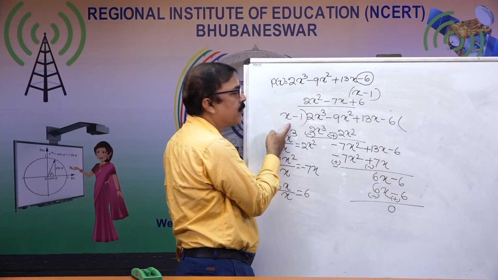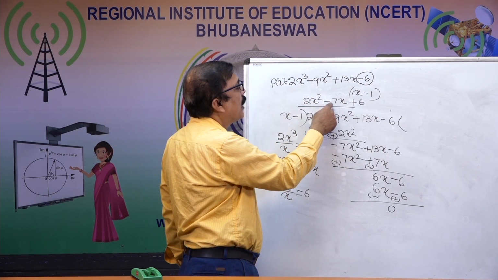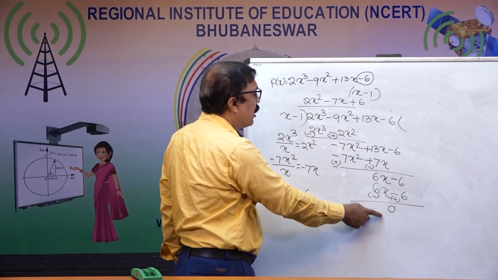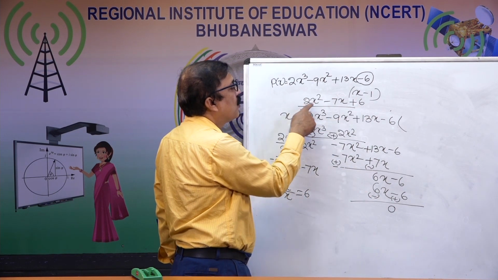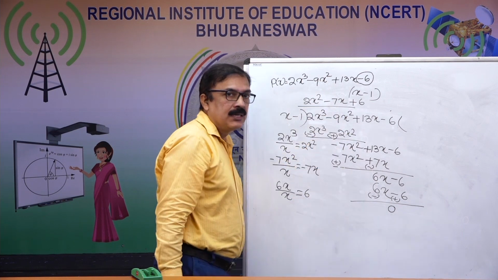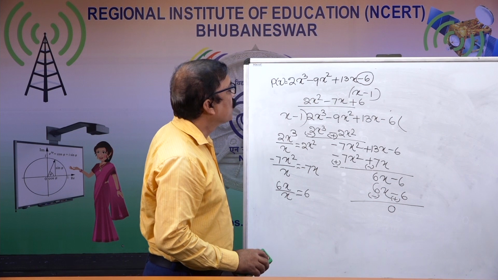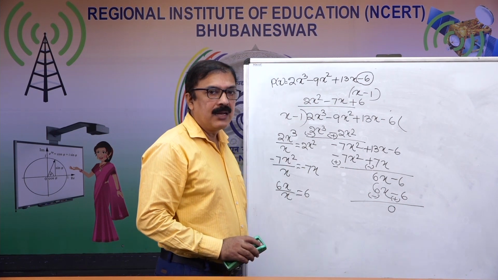Now we can write this polynomial 2x cube minus 9x square plus 13x minus 6 as: the divisor is x minus 1, and 2x square minus 7x plus 6 is the quotient, 0 is the remainder. So x minus 1 and 2x square minus 7x plus 6, these are the factors of 2x cube minus 9x square plus 13x minus 6.